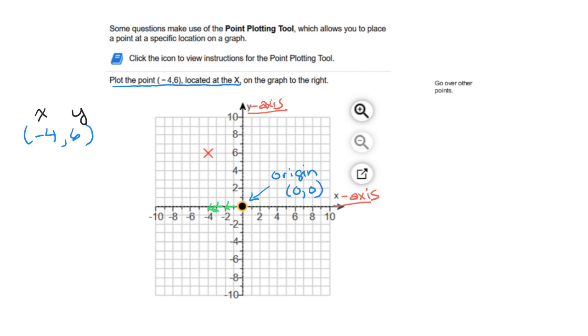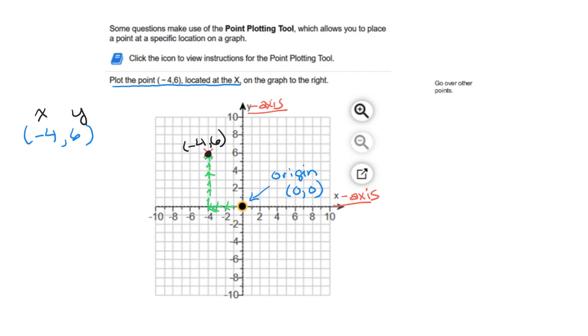All right, and then we're going to move vertically up. Since 6 is positive, we're moving in a positive direction, going up 6 units until we reach our destination. We'll put a solid dot here, right where that red X is, and that is (-4, 6).